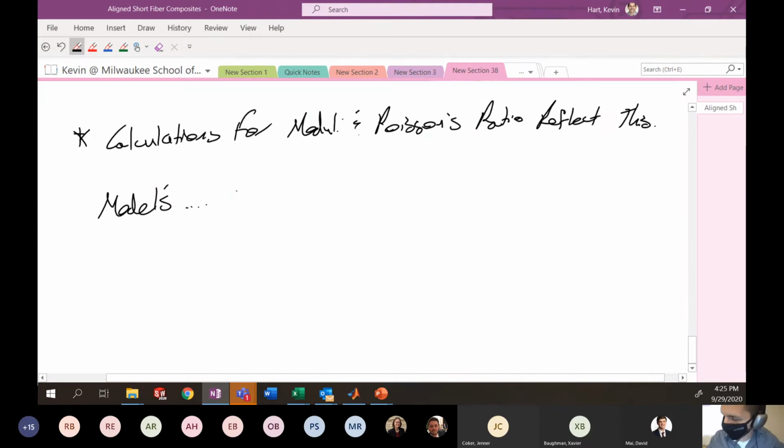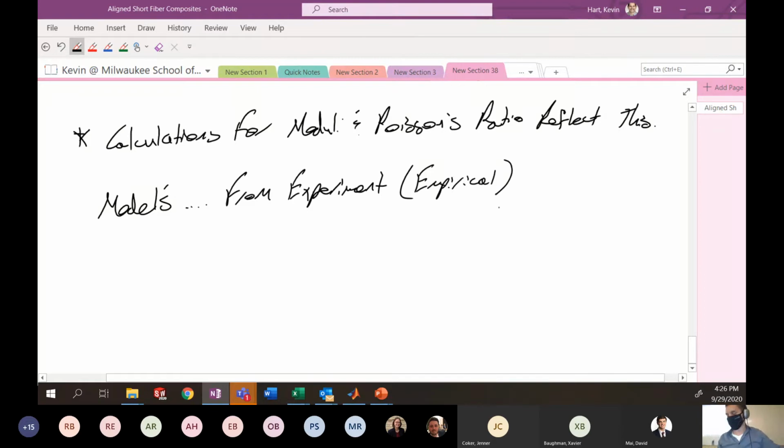These are more or less calculated over many experiments, so I'll say that these are empirical, meaning they're gotten from experiment. That's kind of what empirical means.